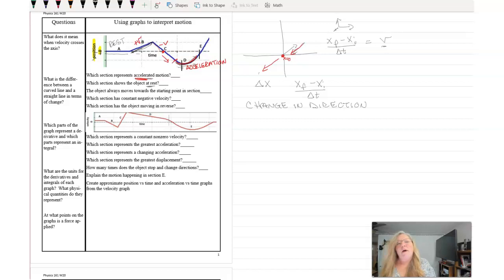A change in direction is acceleration, or a change in velocity. Let me be clear about that: a change in velocity. So I have some acceleration going on here. I'm turning a corner. I'm heading back towards the origin.